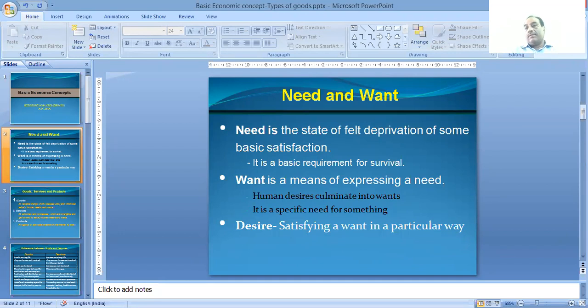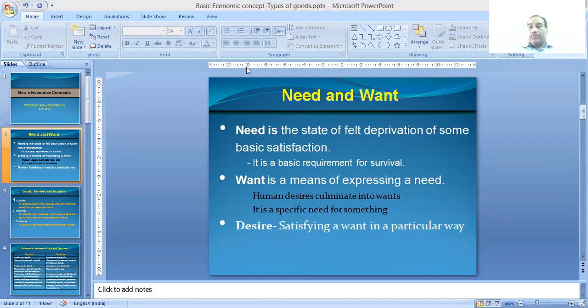But then, despite being hungry, we have our choices. We want something. I have already given this example: some person is vegetarian. India is predominantly a vegetarian country, so most persons here would only choose vegetarian foods. Although they need food, they want vegetarian food.